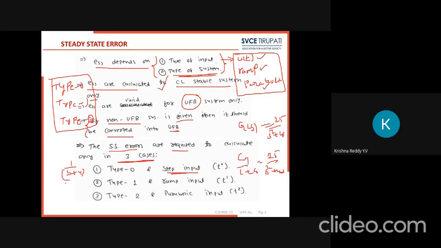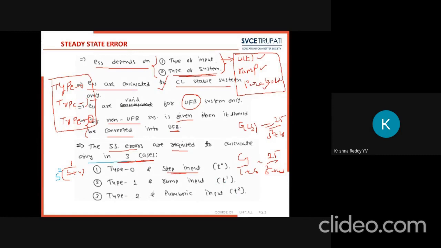Type 1 means we have only one pole at the origin, 1 divided by s into s plus 4. Then type 2 means we have two poles at the origin, s square into s plus 4. The step input is t power 0, ramp input is t power 1, parabolic input is t square.